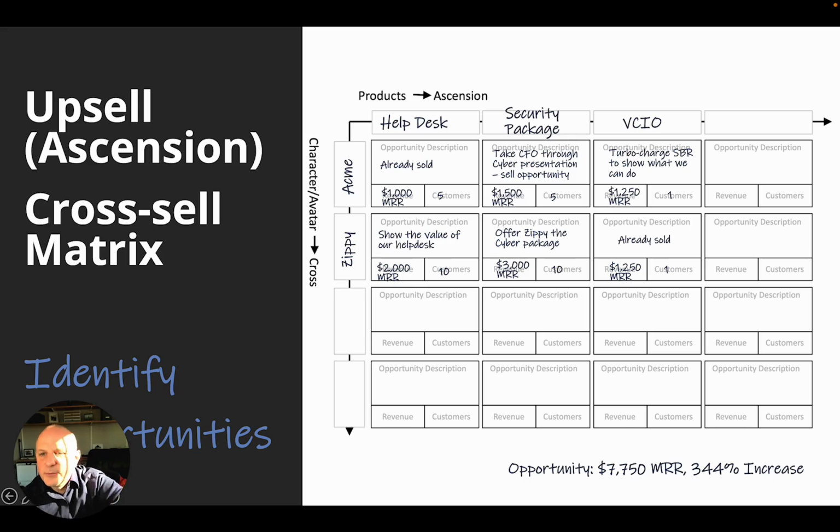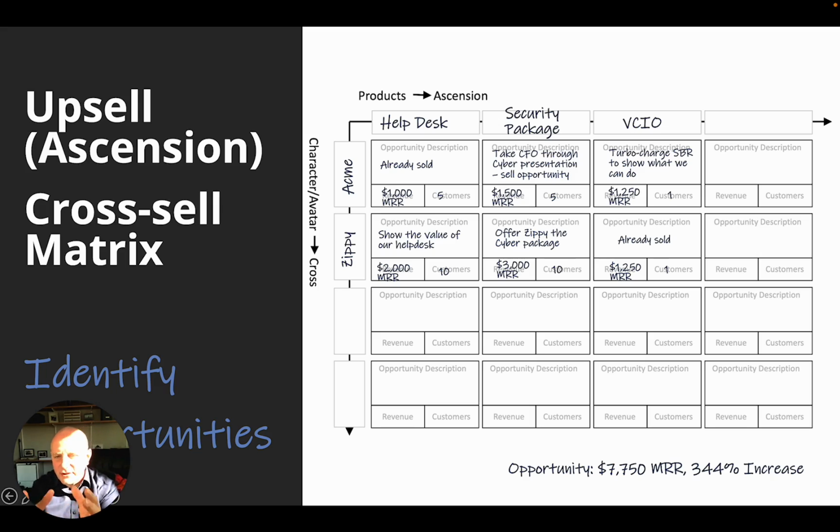So then the other one was Zippy, right? So another client might be Zippy, and you're like, oh, we sold them the vCIO, right? Which is a great opportunity, but we haven't sold them the help desk or the cyber package. And again, numbers are made up, everything's made up about this, but the content is the right content. We had this exact type of situation, right?